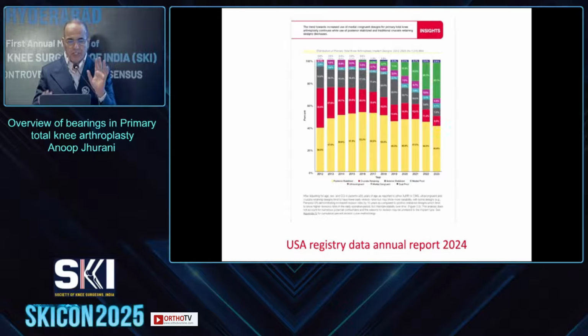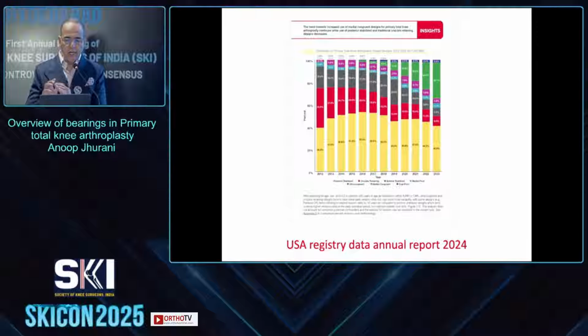And why this question is pertinent, if we look at the US registry data, you can see the green box, which is the medial pivot, medial congruent, and the yellow one, which is the posterior stabilized. So the PS is going down, and the medial stabilized, the medial pivot, and the CR is increasing.